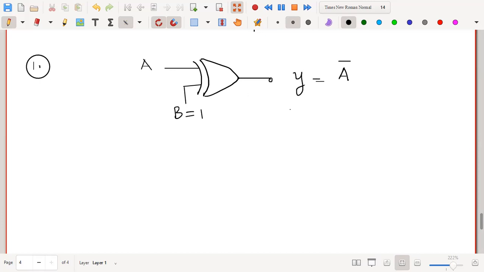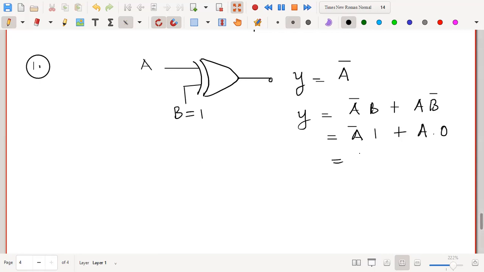How? You can check it by yourself. Just apply the exclusive OR operation here. You know that y is equal to a complement b plus a b complement. A complement you can just keep as it is. B is 1, so in the second term you have a b complement, and since b is 1, its complement would be 0.